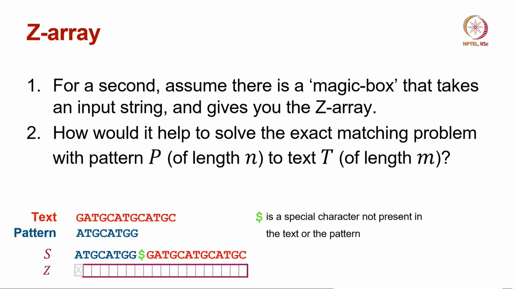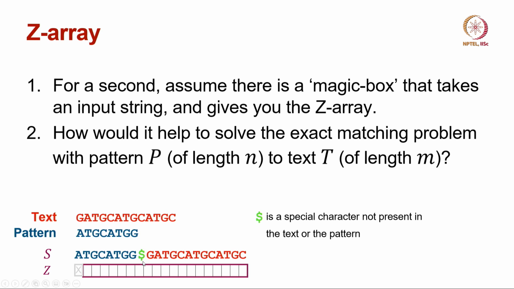The simple trick is as follows: we simply concatenate the text and the pattern. So we would build a string S that would first have the pattern, then we would put a splitter character. This is a special character that should not occur in the pattern as well as the text.